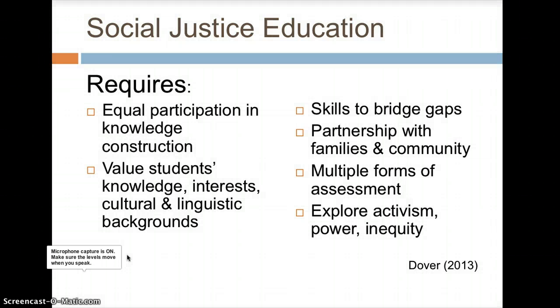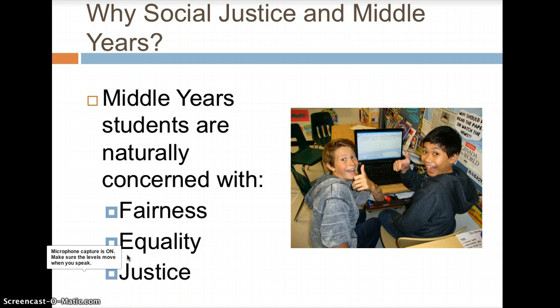Its implementation requires that teachers encourage all students to be participants in knowledge construction, have high expectations for students and themselves to foster learning communities, acknowledge, value, and build upon students' existing knowledge, interests, cultural, and linguistic backgrounds, teach academic skills to bridge gaps in student learning, work in partnership with students' families and communities, critique and employ multiple forms of assessment, and explicitly teach about activism, power, and inequity in schools and society.